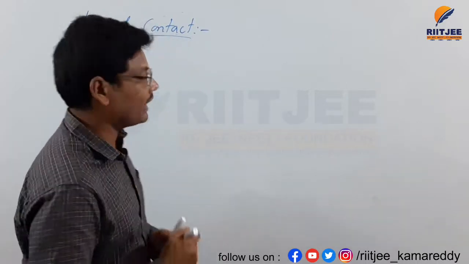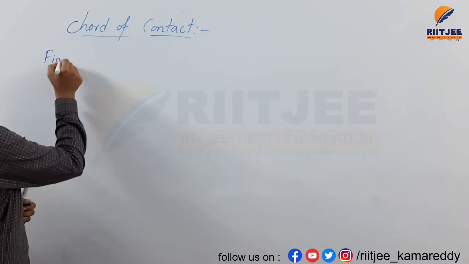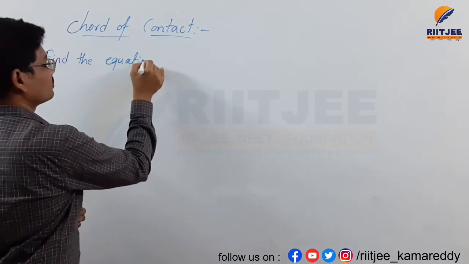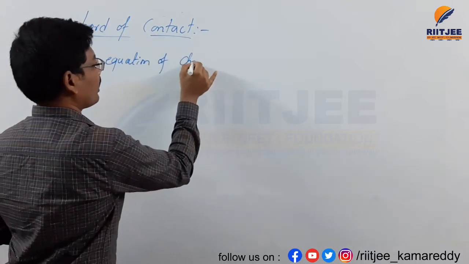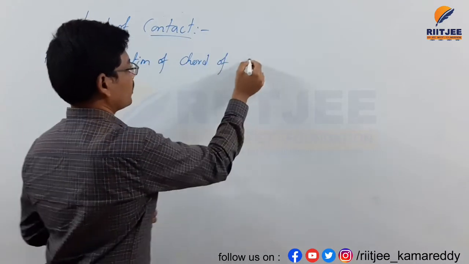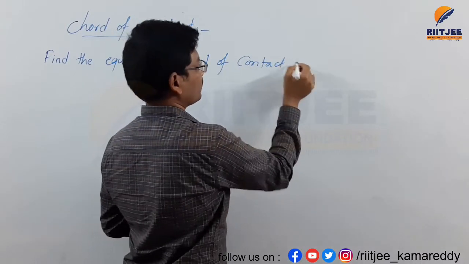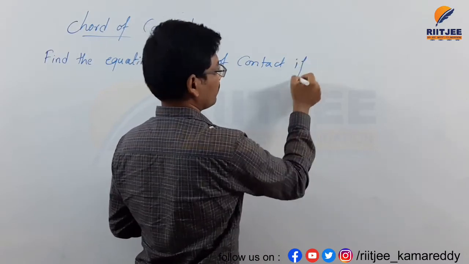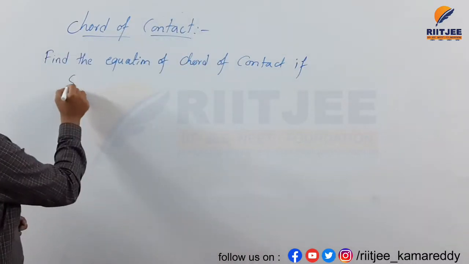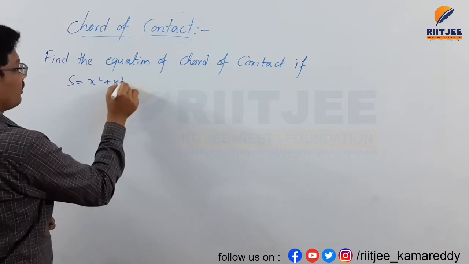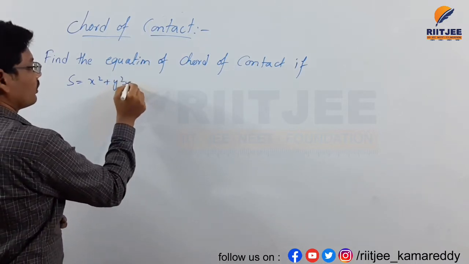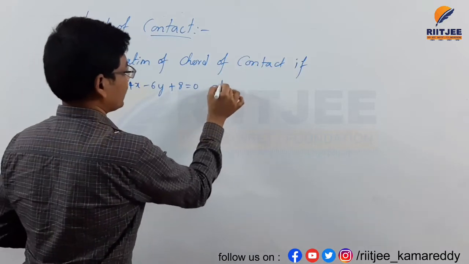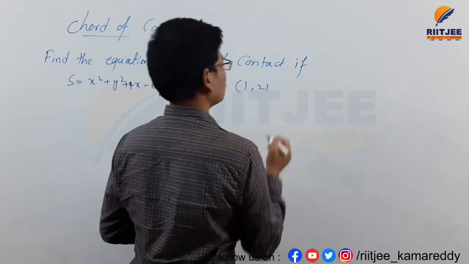And the next one: find the equation of the chord of contact. If S is equal to x square plus y square plus 4x minus 6y plus 8 equals 0, at the point 1 comma 2.